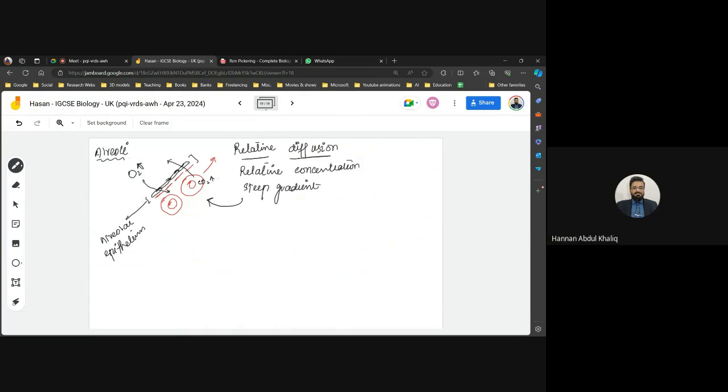There are many examples we can give for the process of diffusion. Diffusion also occurs inside the human body, other than this particular thing. But we must remember that diffusion typically is a spontaneous movement, but we can increase its rate.